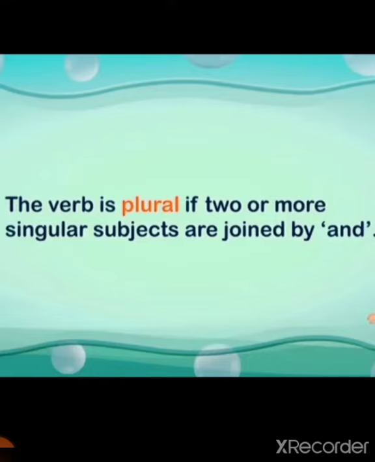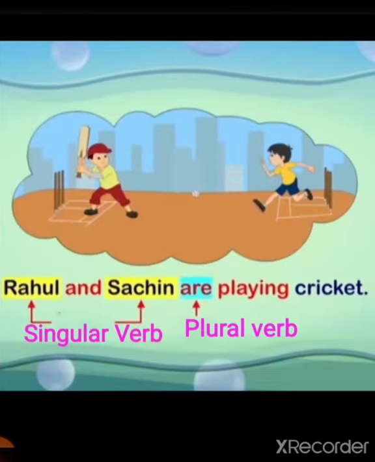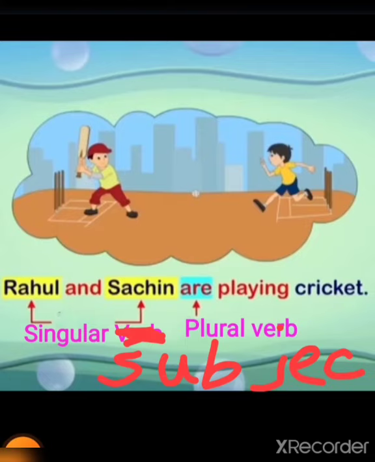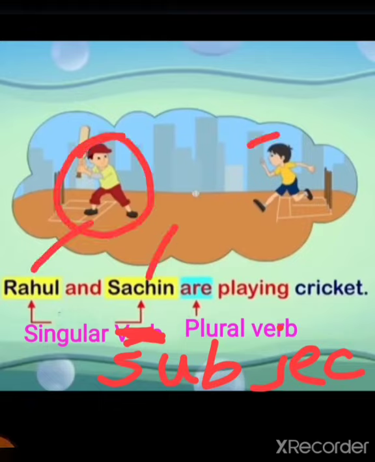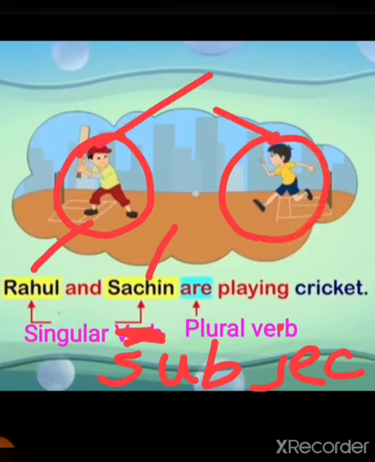Let me give you another example. Look at this example, students: Rahul and Sachin are playing cricket. Here you can see two singular subjects are there. One is Rahul, another is Sachin. These are two boys, and these two are playing cricket.